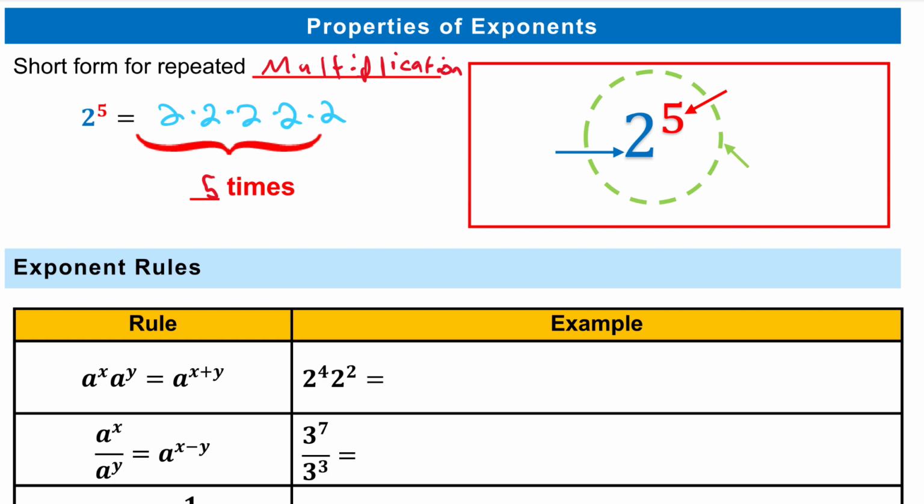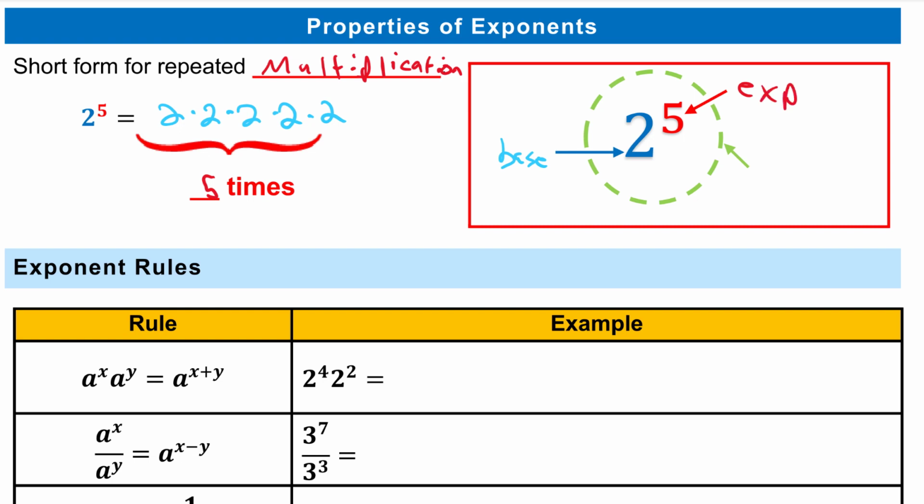So in 2 to the 5, the 2 is called the base. The way I remember it personally is that it's at the bottom, so it's the basement. The base is usually the foundation, right? And the red thing, the 5, is the exponent.